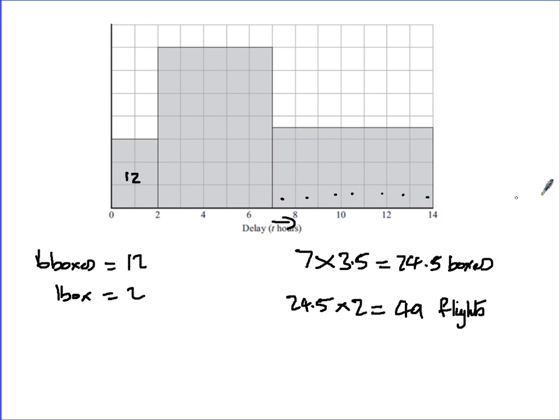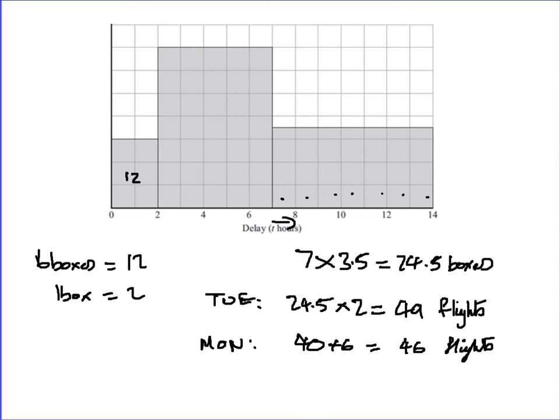that'll tell us that we have 49 flights on a Tuesday. Now if you then go back to the previous slide and look at your histogram that you drew there, now it's 40 plus 6. So this is Monday, this is Tuesday. 40 plus your 6 is 46 flights.